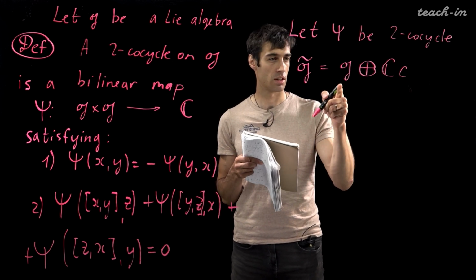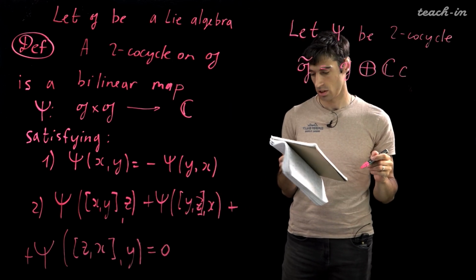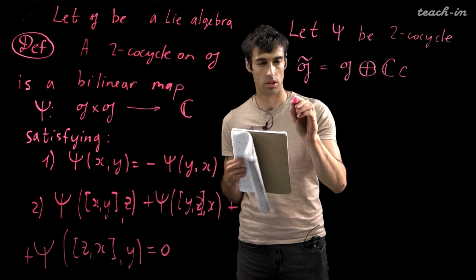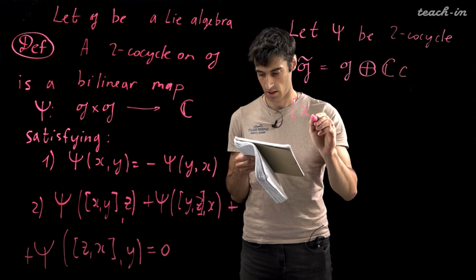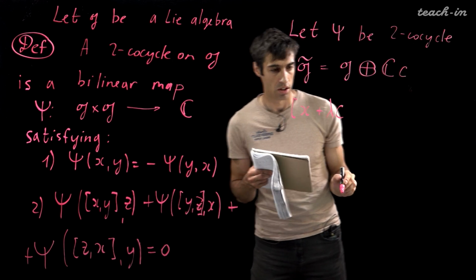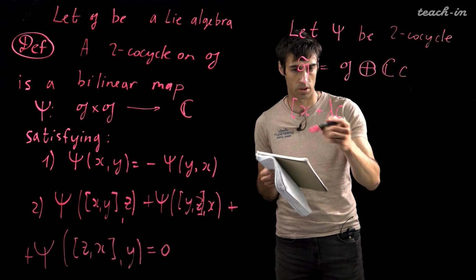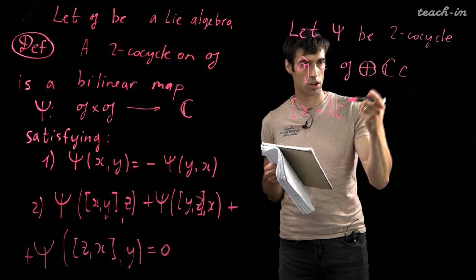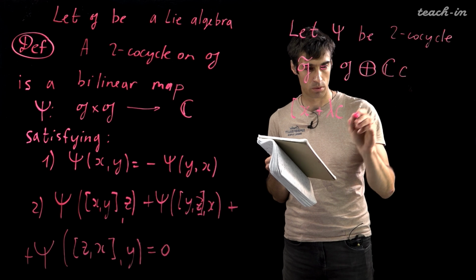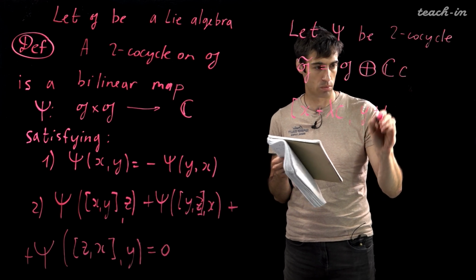Of course, we have a Lie bracket on G, and I extend it to G tilde by the following rule. Take x plus lambda C, some general element in G tilde, and commute it with y plus mu C.